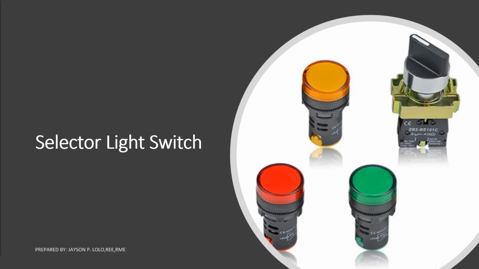So it lets them select which one they would like to use at any given time. So it is a pretty easy solution to setting up your lights, and you will find these types of light switches being used in many places. So the most typical type of selector light switch is the rotary switch. It sort of functions like a dial that allows you to switch between different modes.